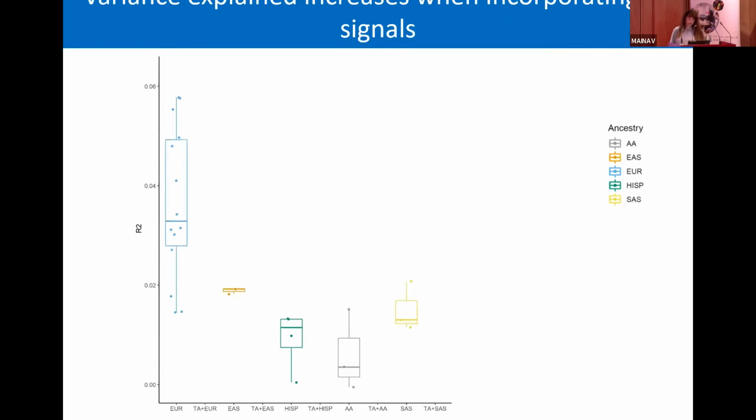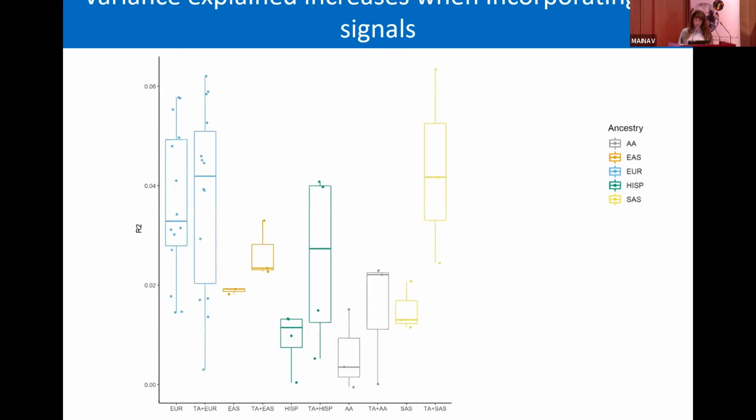So in terms of variance explained for each of these traits, we still only explain a relatively modest proportion if we just take the genome-wide significant variance for each ancestry and each trait. And as you might expect, given data that has been published by many others before, if you take the signals that come out of the multi-ancestry analysis and add in the ancestry-specific ones, by and large, you increase trait variance explained.